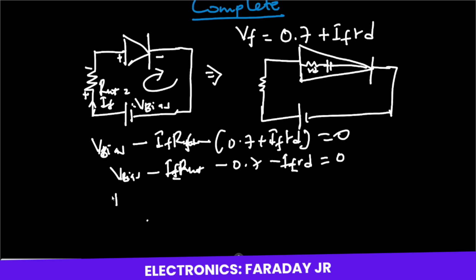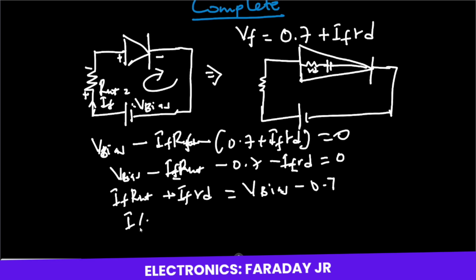We get IF R limit plus IF RD equal to V bias minus 0.7. Now we can factor IF out, where we have R limit plus RD, equal to V bias minus 0.7.